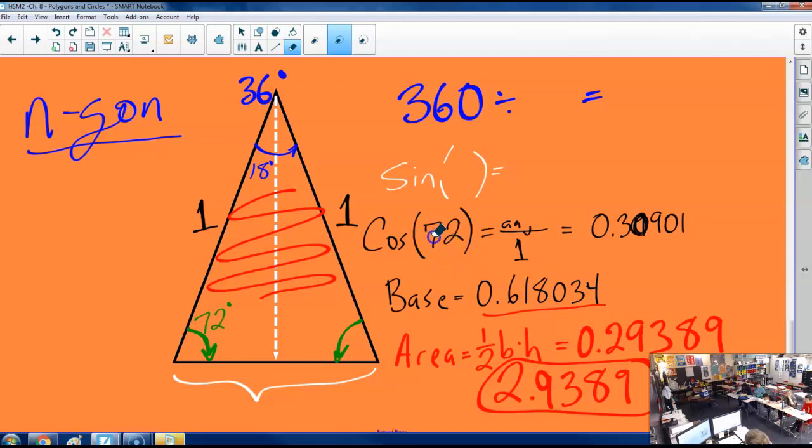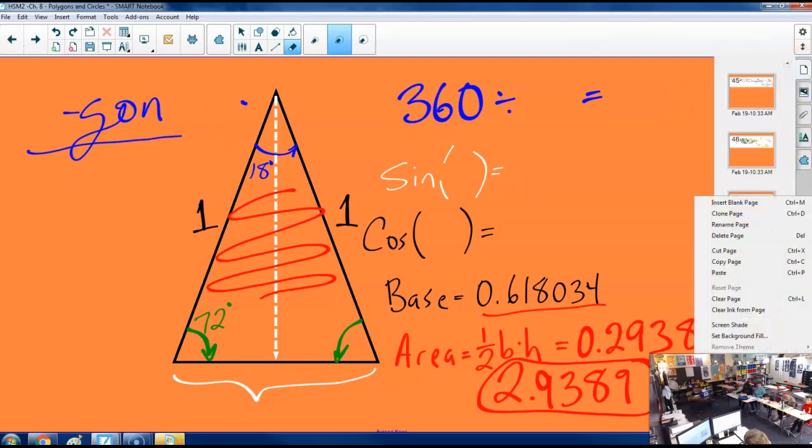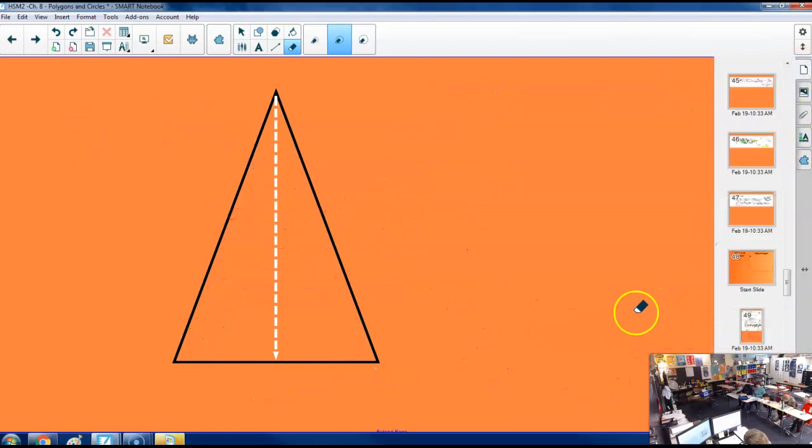I did a 20,000-gon, and each of its angles would have 179.982 degrees. And the perimeter will just get closer and closer to 3.1415.